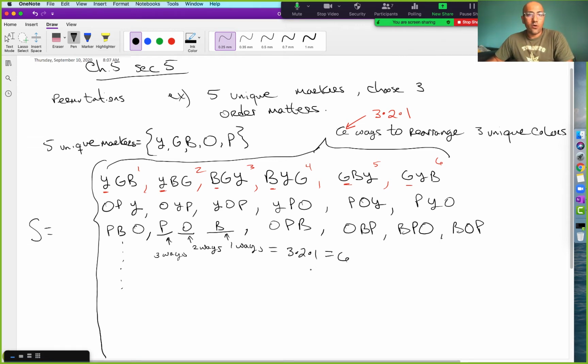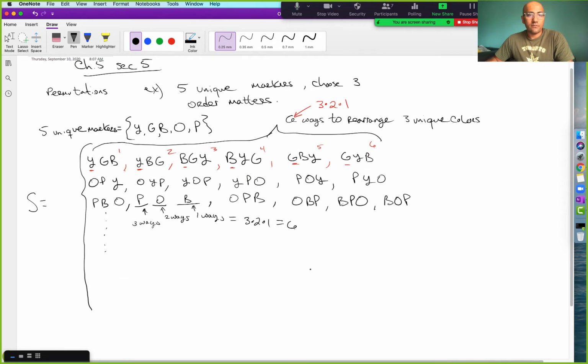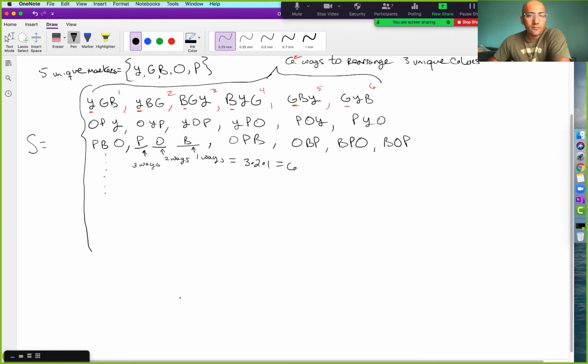Now, we already know what the answer is for permutations, right? So this would be permutations of 5, choose 3, which is the same thing as this notation, a giant P with a little 5 there and a little 3 there.